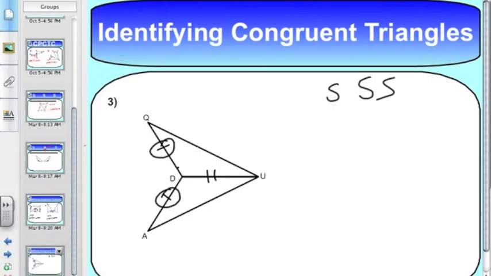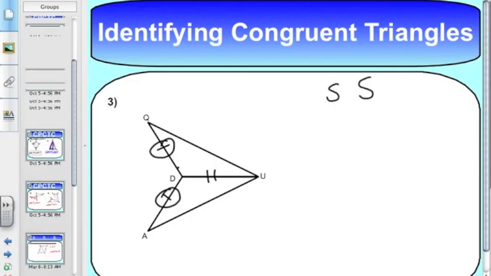In this case, we cannot draw any conclusions about the measure of ADU or QDU, nor can we make any assumptions about the length of QU or AU. So therefore, all we really have is just side, side. Is that one of our options?